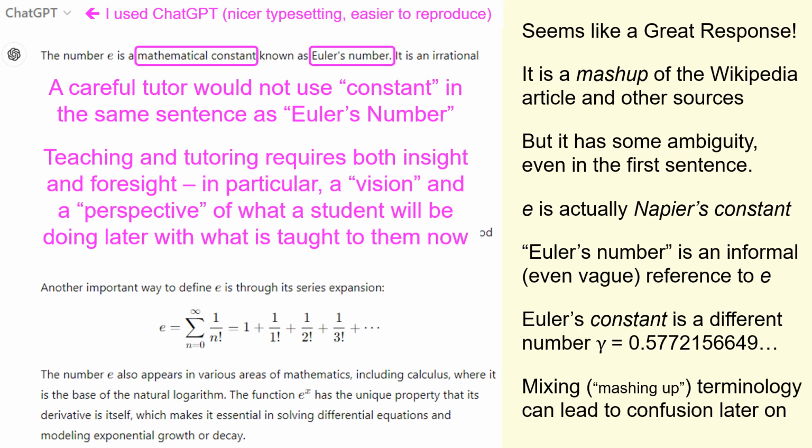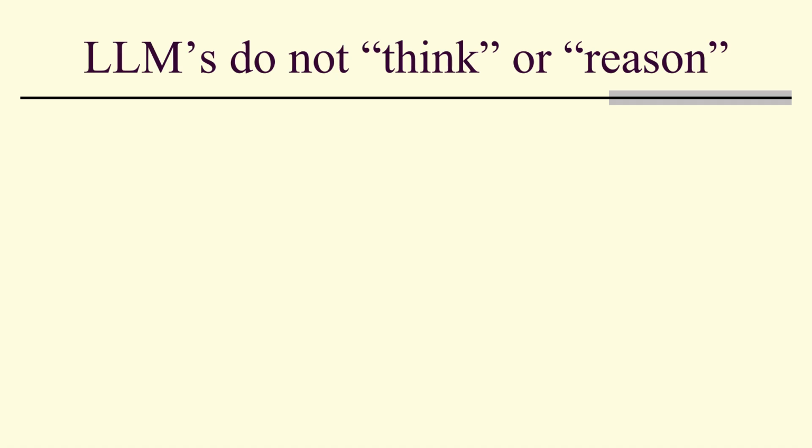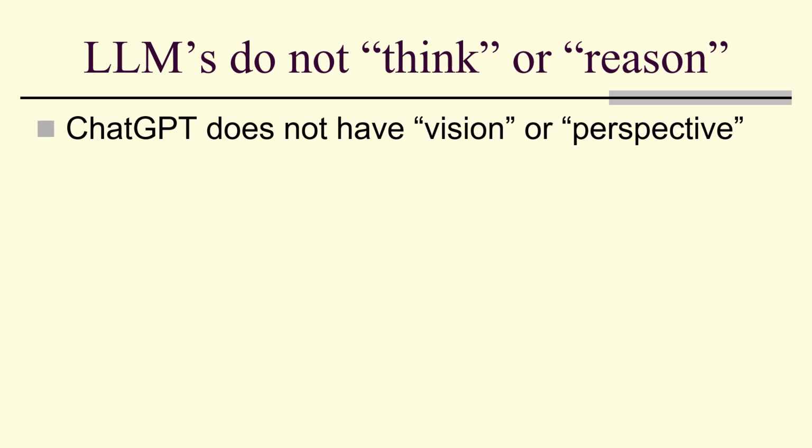See, teaching and tutoring requires both insight and foresight, a vision and perspective of what a student will be doing later with what they're being taught now. In fact, you may be better off just using a search engine like Google directly rather than naively relying on a large language model's mashups of the same search results you might Google. See, LLMs do not think or reason.